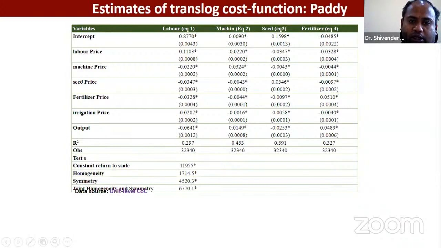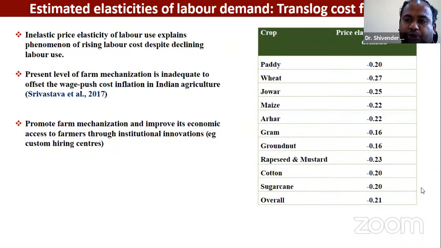So using this Translog cost function, we can estimate the demand elasticity, and this is the final demand elasticity, which shows that the price elasticity of labor is less than 1 in all the crops: paddy, wheat, jowar, maize, and so on. So it shows that the overall average price elasticity of labor, meaning the response of labor use to the change in wages, is negative, which is obvious since it is a price elasticity.